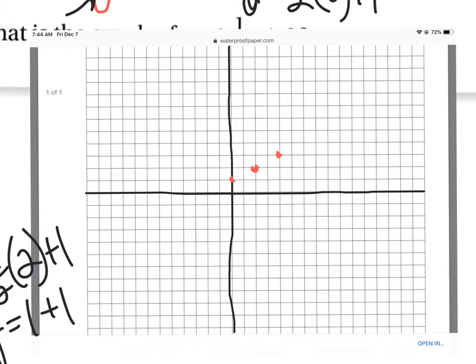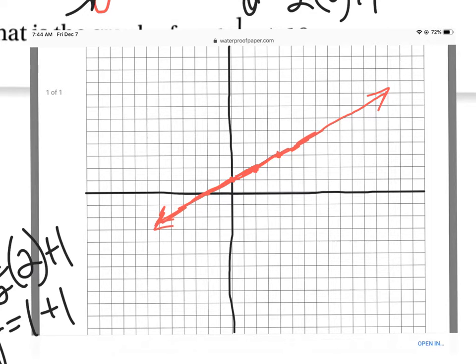So since our inequality is less than or equal to, we're going to do a solid line here. And when you guys do this, if you want to use a ruler or something to make it a little bit nicer, I've got a way I can do it on here, but I'm not messing with it at the moment. That's not too bad of a line.